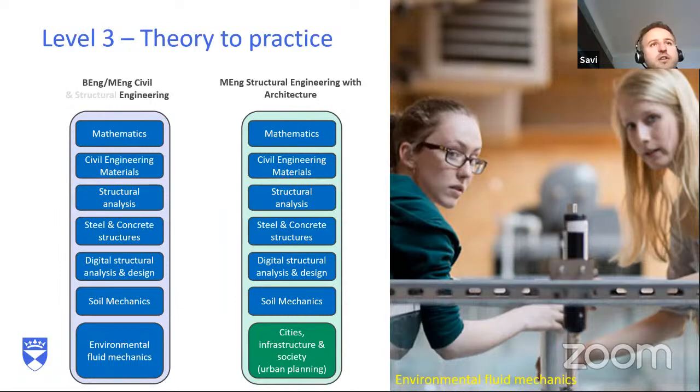So all these courses that you see here, structures, civil engineering materials, are really about real design problems. Structural analysis is one in which you learn how to do linear elastic calculation of structures, but then you apply this analysis to the design of steel and concrete structures in the second semester, and also to the module of digital and structural analysis and design, which is something I lead.